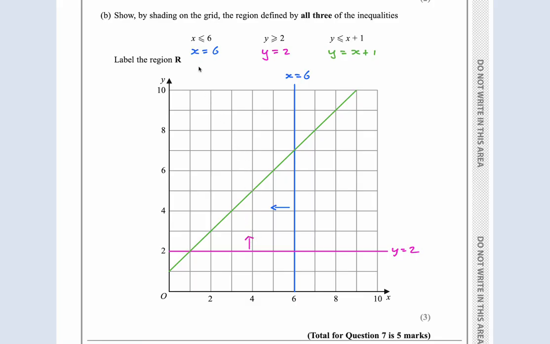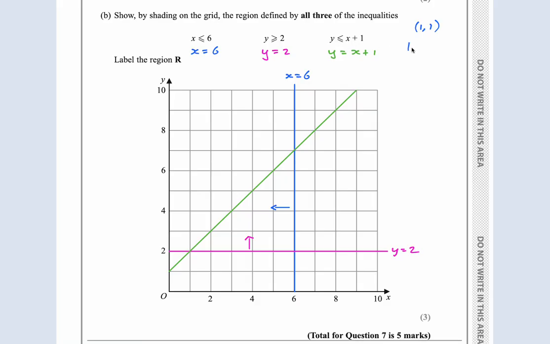And this one, which is always the one that's a bit harder, we say y has to be less than or equal to x plus 1. Now generally, if it's y is less than, it's below, but you always have to be careful. So you just sub in a point, pick an easy one, but let's go with 1, 1. If you sub 1, 1 into this inequality, what do you get?